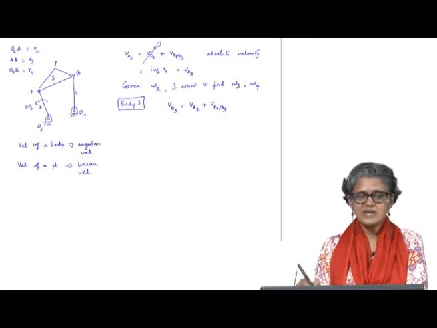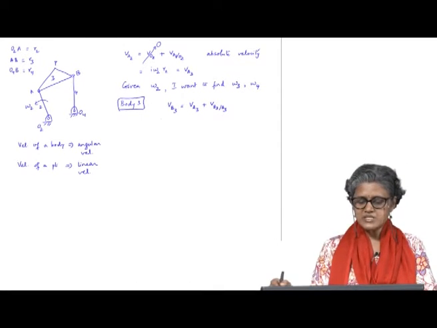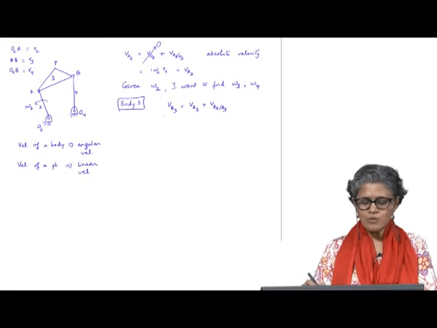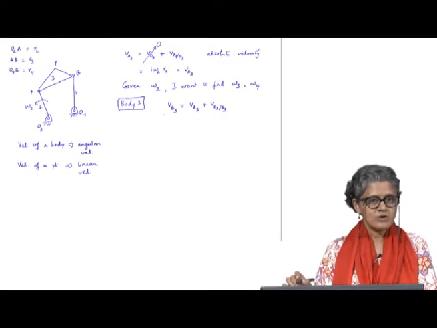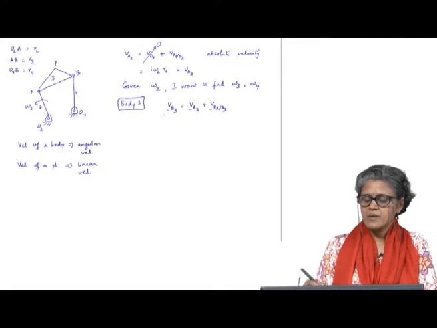See the notation, it is like A3 cancels out. Now in this equation, right now I do not know the velocity of B on body 3. Here let me just retain the vector notation for now.